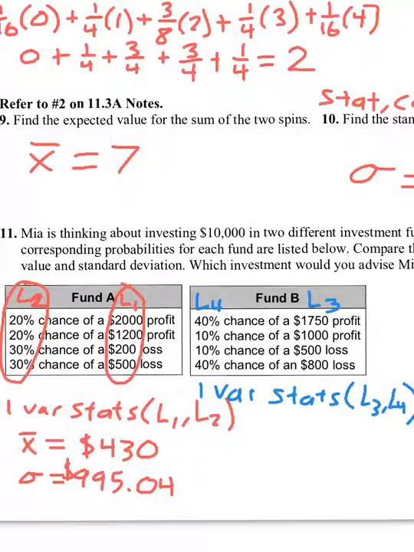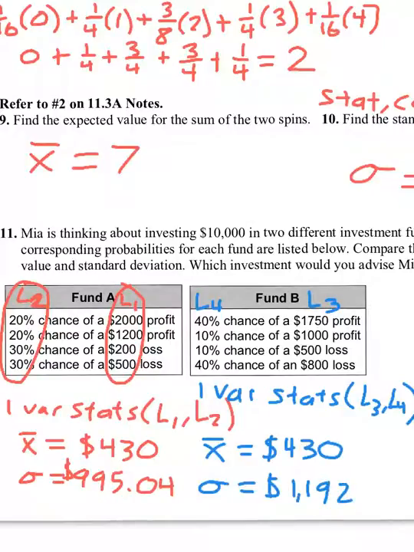Where it says frequency list, you need to put the probabilities, which I stored in L4. Calculate. This one also has an average of $430. It has a standard deviation of $1,192.10.